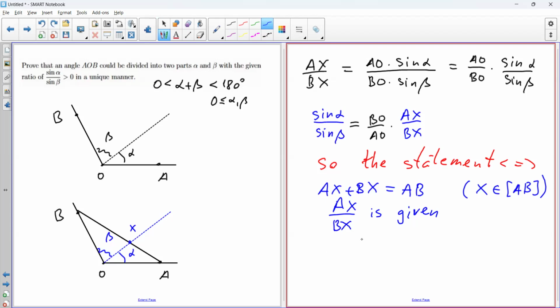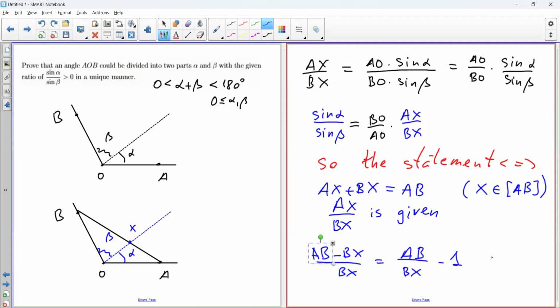But we can still continue by considering the straight line. So we can consider the function, say, AB minus BX over BX, which would be AB, the fixed segment, over BX minus 1. So here we have just one parameter which is changing, the denominator BX.